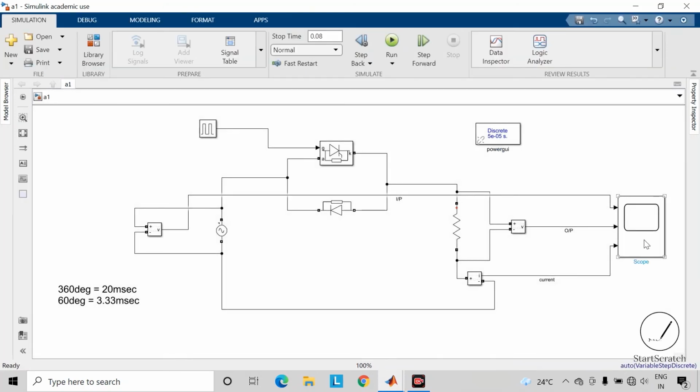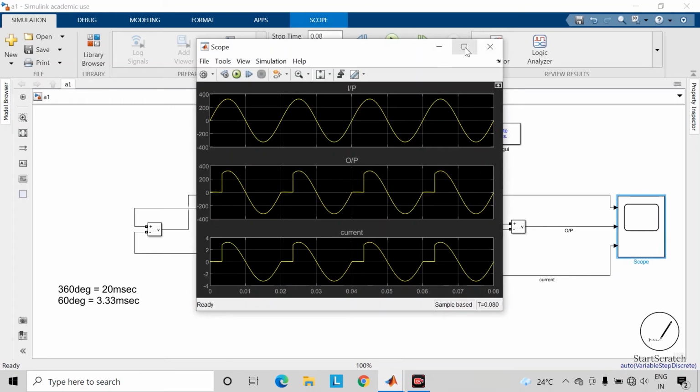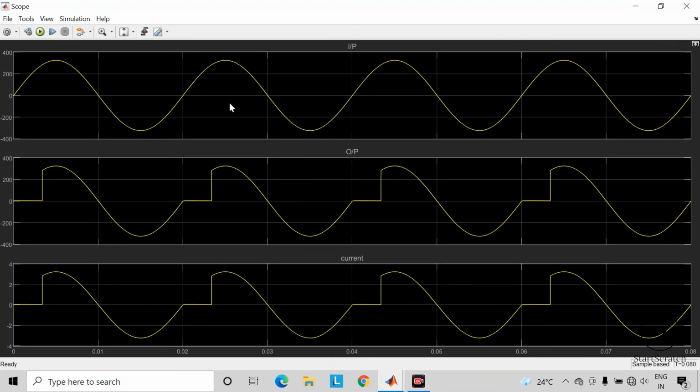Open this scope block. So this first waveform is our input supply voltage. The second waveform depicts the output voltage across the load, and this waveform depicts the current flowing through this load.